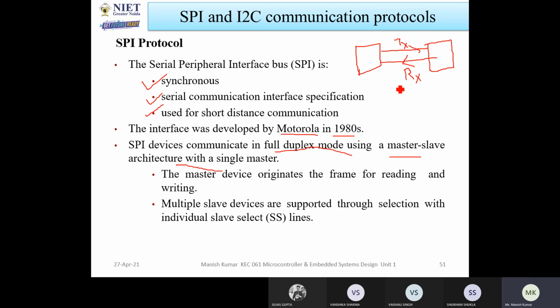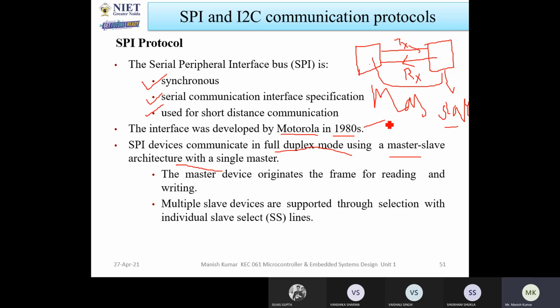But you have to remember that in full duplex mode there are two computers, and when you are using the SPI protocol, one computer works as a master and the other works as a slave. All the transfer rate will be controlled by the master device only. Whenever the master wants to initiate the data transfer, it can.